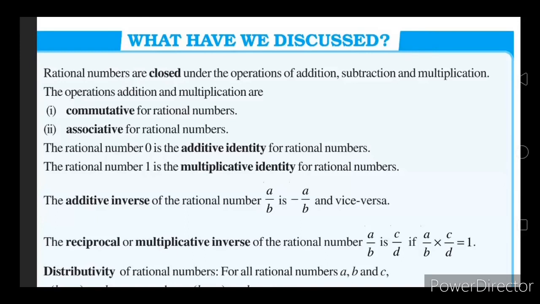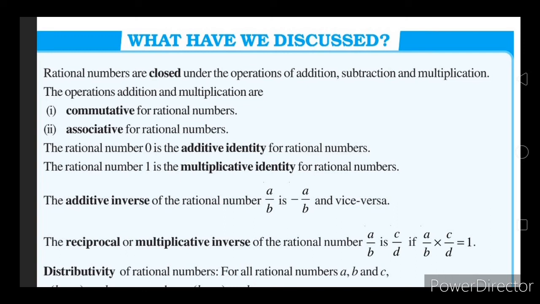Let us revise once what we have discussed till now. First of all, rational numbers are closed under the operations of addition, subtraction and multiplication. Addition and multiplication are commutative and associative for rational numbers. The rational number 0 is the additive identity, and 1 is the multiplicative identity.